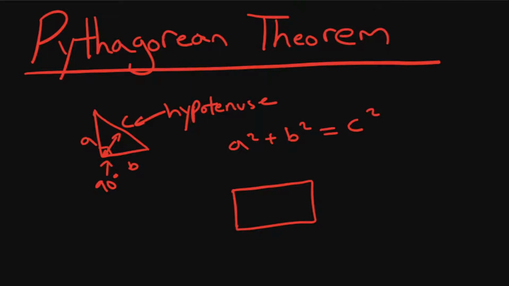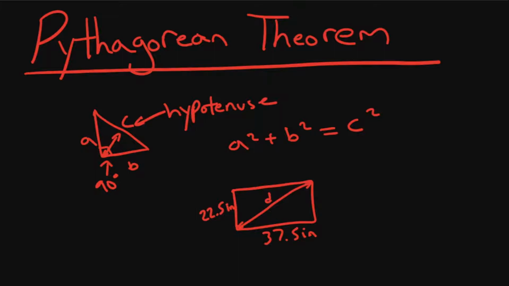Let's say you had a TV, where one side was 22.5 inches and the other side was 37.5 inches, and I wanted to know what the length through the middle is, which is the size of the screen. So let's call that D. This is a perfect application for the Pythagorean theorem.